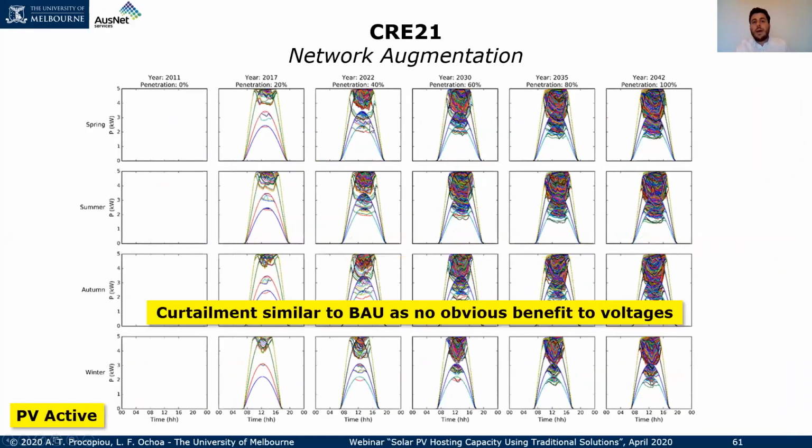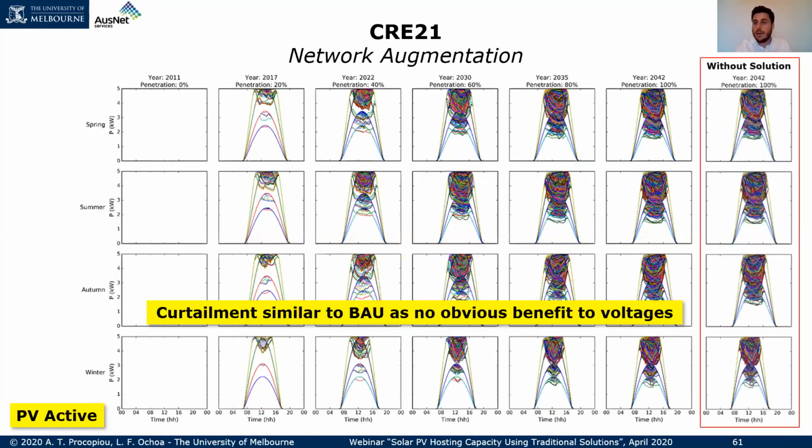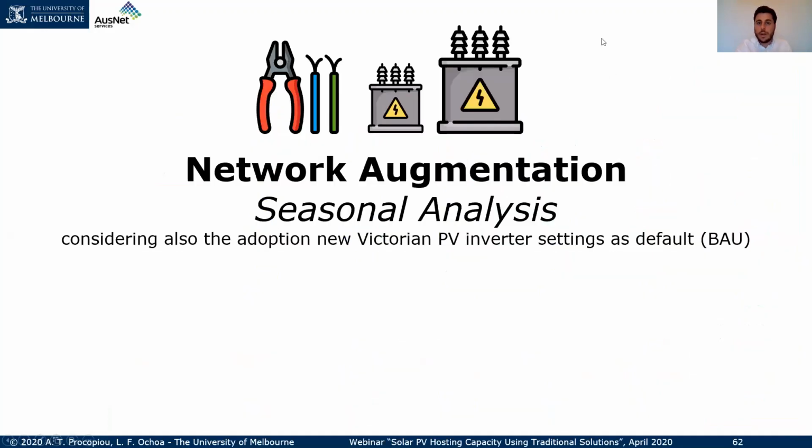And in terms of the customers' impacts and effects, we are almost seeing the same effect as with the business as usual. And business as usual, again, refers to the case where we only have the volt-VAR and volt-watt enabled. And just to compare again, this is the same result as with the previous case.